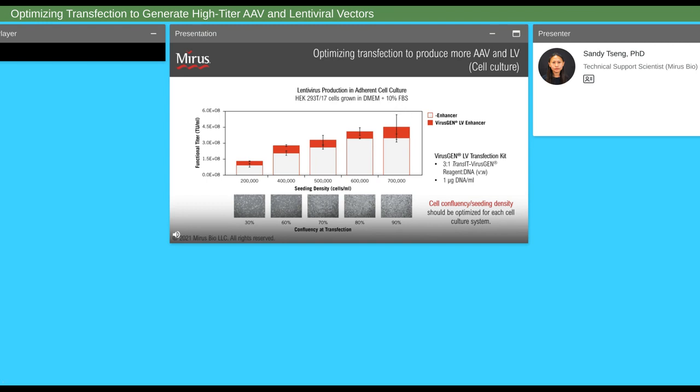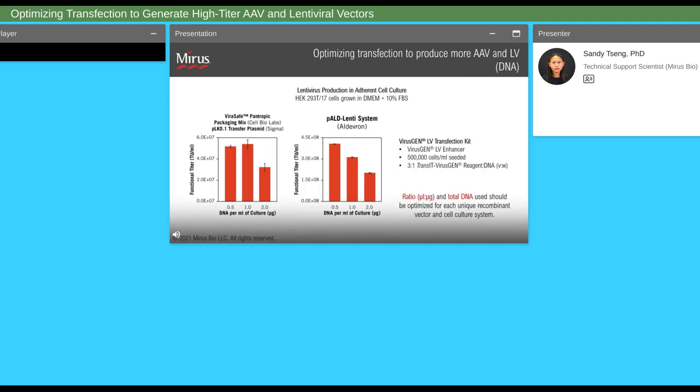Generally, we do not recommend that cells are overconfluent or covering the entire plate at the time of transfection. Also, we don't recommend that they're at a low density, as yields tend to be lower when there are fewer cells or when cell health decreases because of being overconfluent. As you can see here, even if cells were accidentally seeded too high, use of the enhancer could counteract those negative effects on yield.